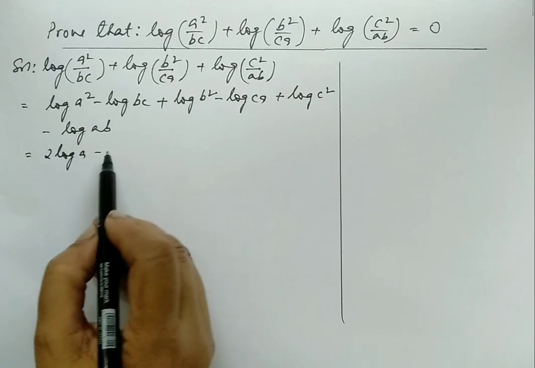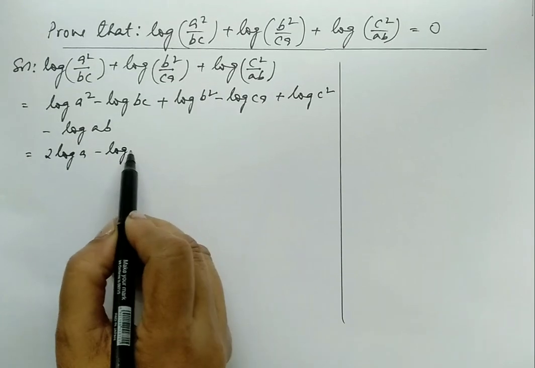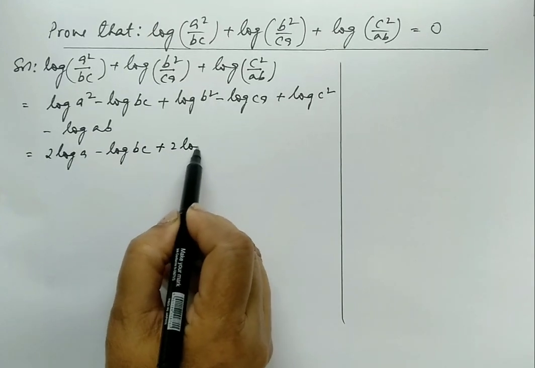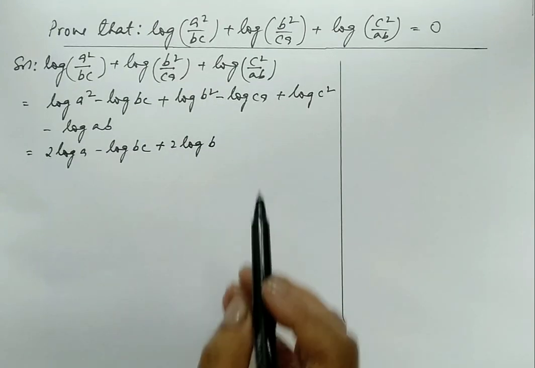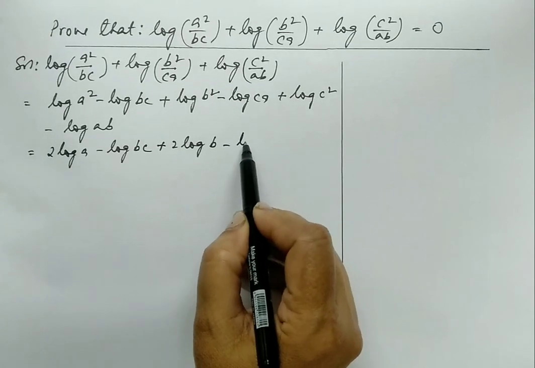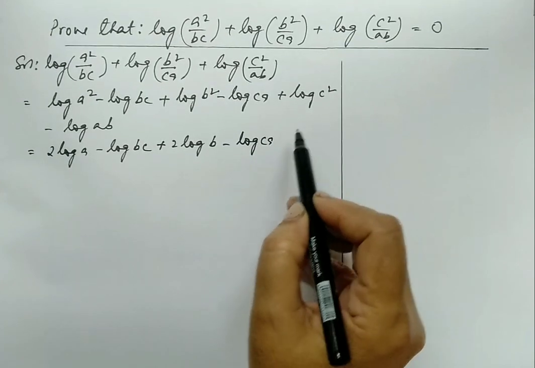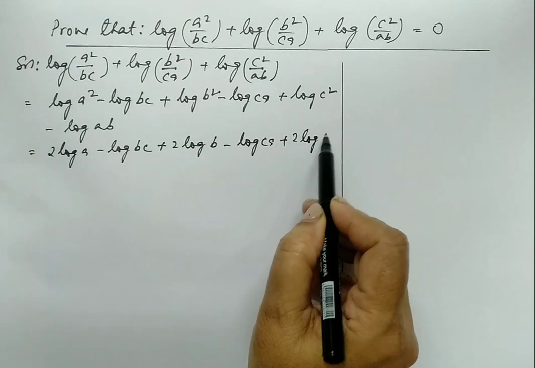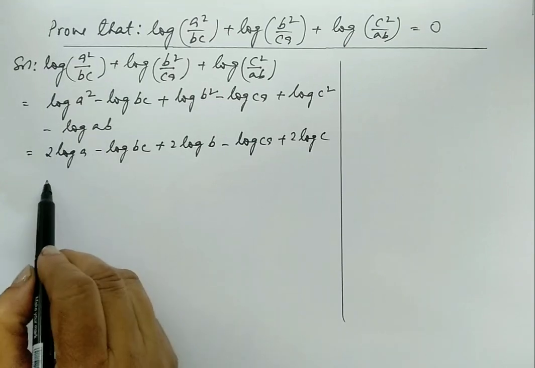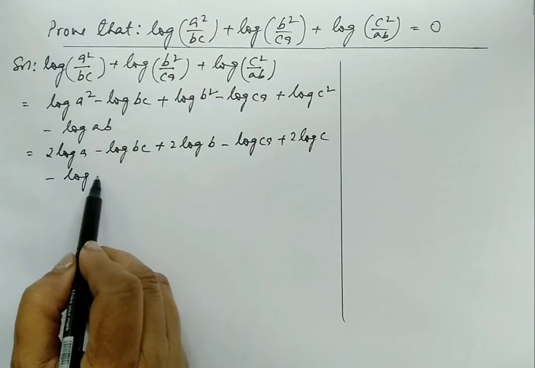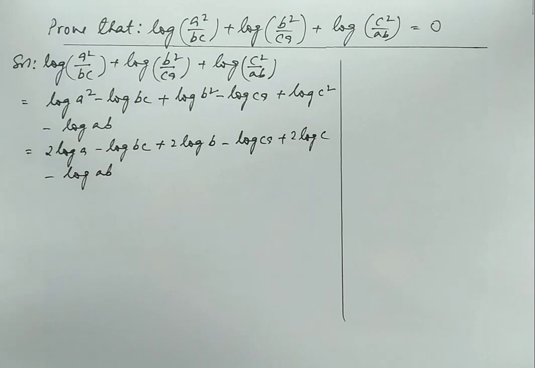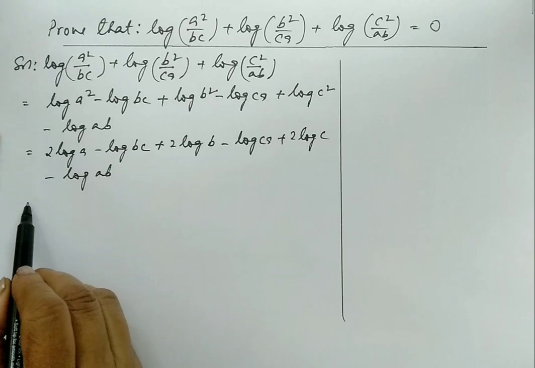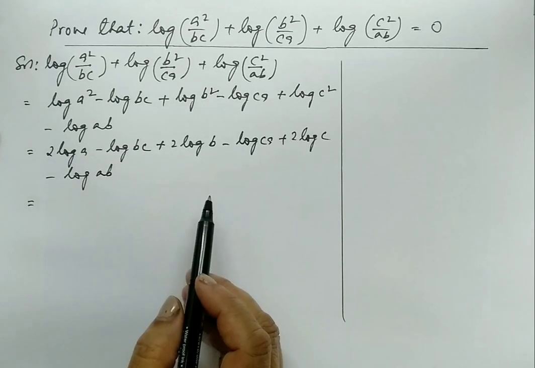This one, the way it is, log bc. For this, once again, 2 log b. This one, log ca, here plus 2 log c, and this one the way it is, log ab. Got it? Further simplification, because we haven't completed yet.